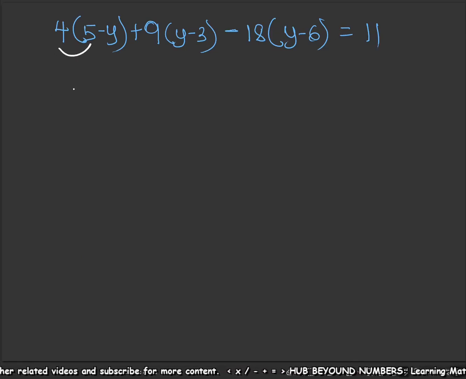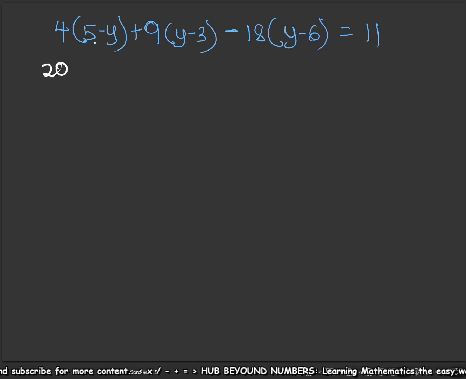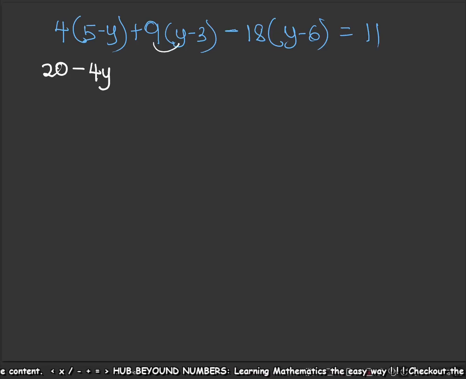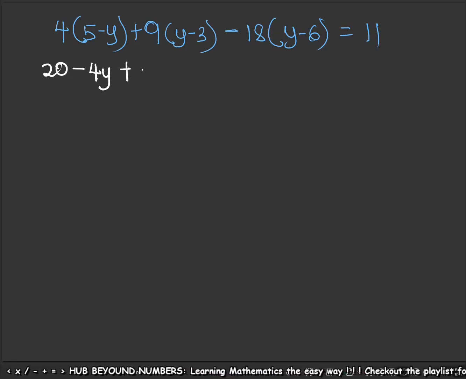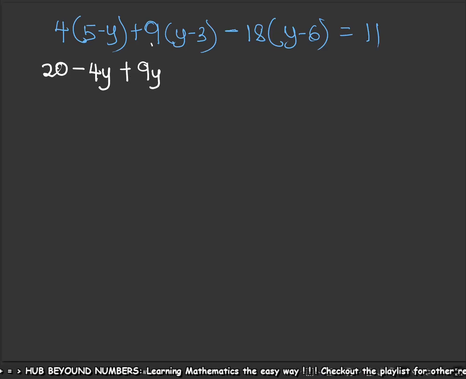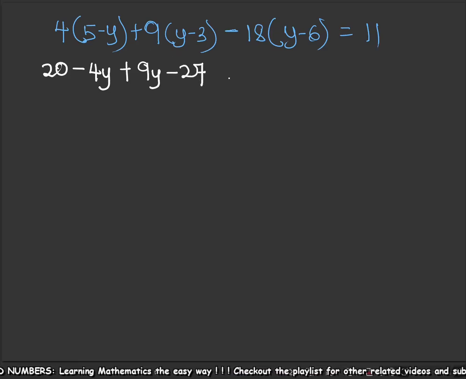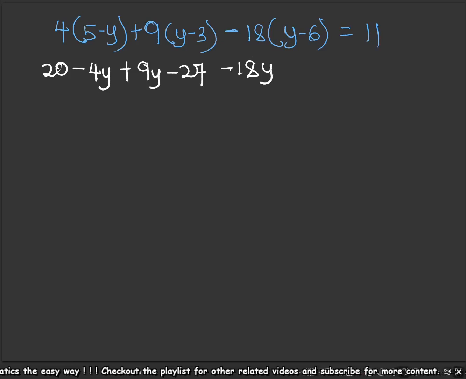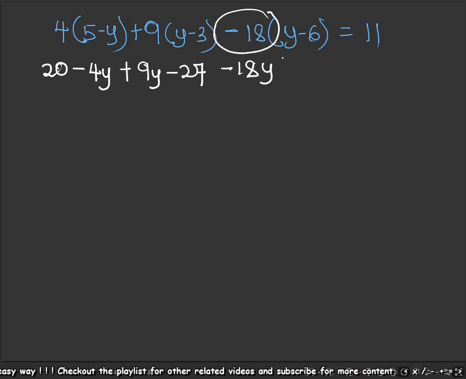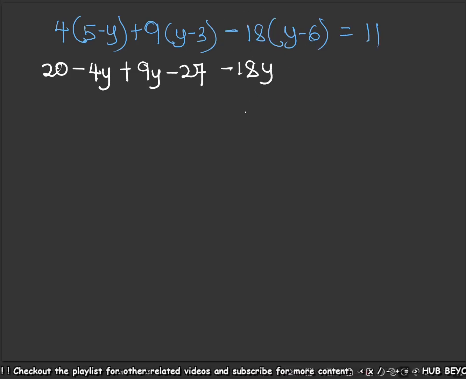4 multiplying 5 to give us what? 20. So we have 20, then 4 times y, we have negative 4y. And then 9 times y, which gives us a positive 9y. And then 9 times negative 3, we have a negative 27. Then minus 18 times y, which gives us negative 18y. Then take note, we have a negative 18 multiplying a negative 6.